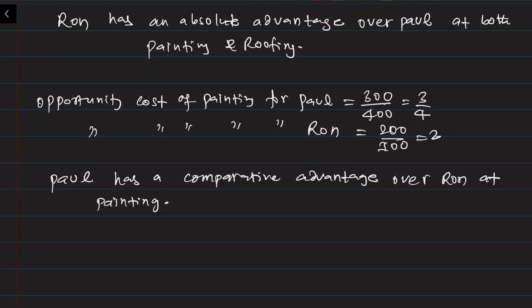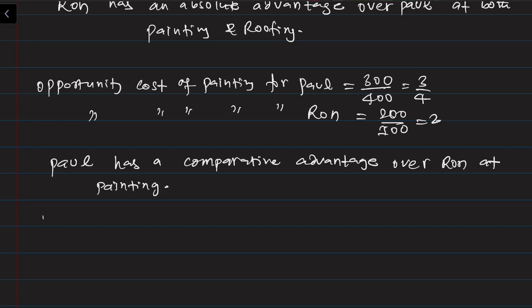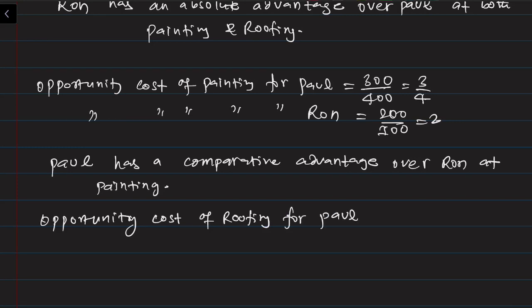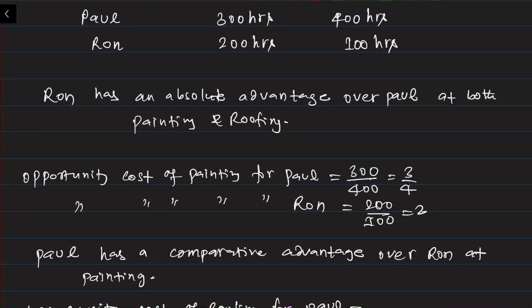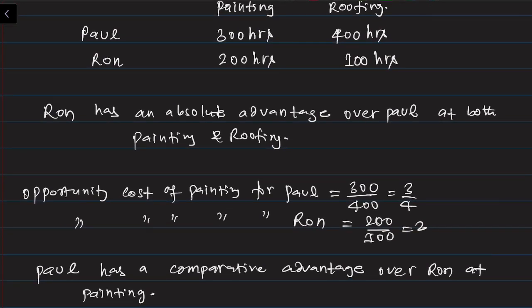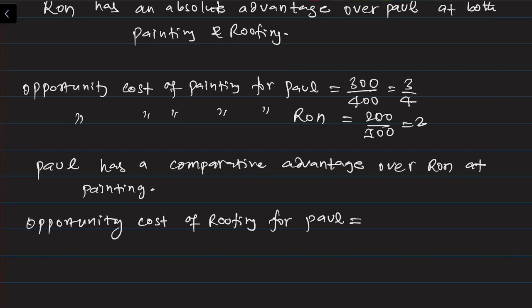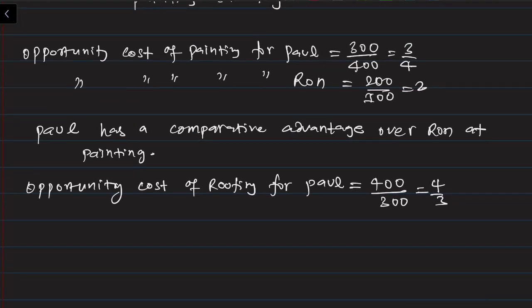Now let's calculate the opportunity cost of roofing. Opportunity cost of roofing for Paul, which is 400 divided by 300, right? It is just the reciprocal. 400 divided by 300 gives us 4 by 3.